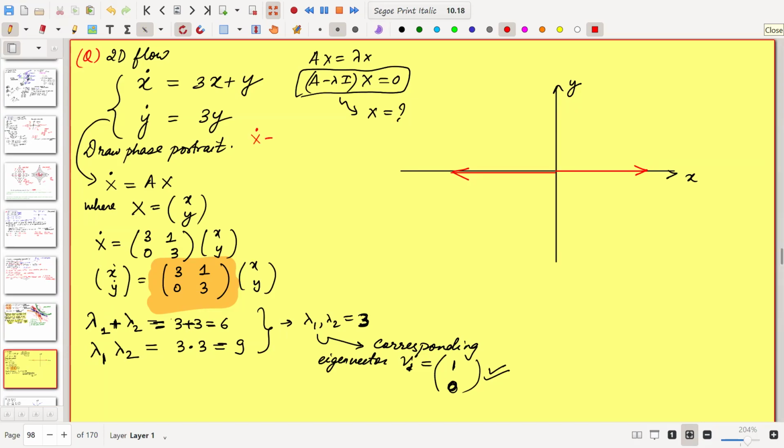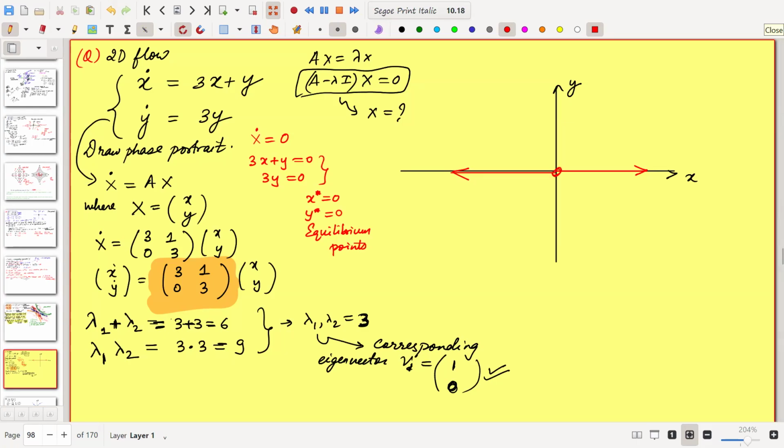For the fixed point, you set x dot equal to 0. That means 3x plus y equals 0 and 3y equals 0. So from here you can conclude that the fixed point is at the origin. These are the equilibrium points, isn't it? Agree?